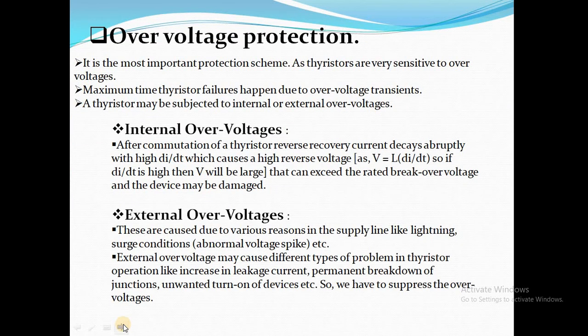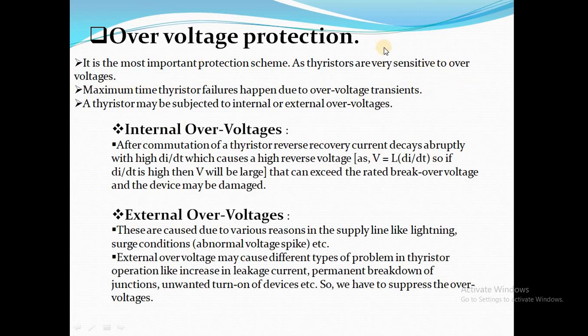Next, the first one is over voltage protection. It is the most important protection scheme as thyristors are very sensitive to over voltage. Most of the time, thyristor failure happens due to over voltage transients. Whenever an SCR or thyristor is used in any circuit, it is very sensitive to over voltages.